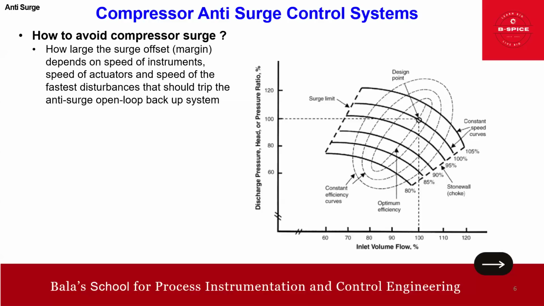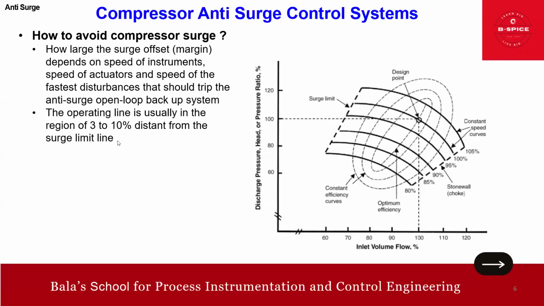If you remember, friends, in our same channel we also highlighted the instrument response, especially that the response time is very fast. And the valve opening and closing also should be very fast, which I will talk about in a later slide.